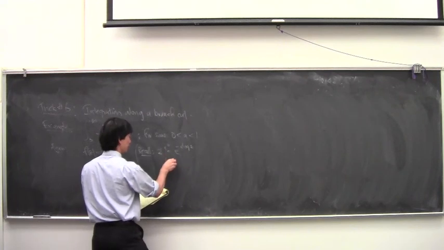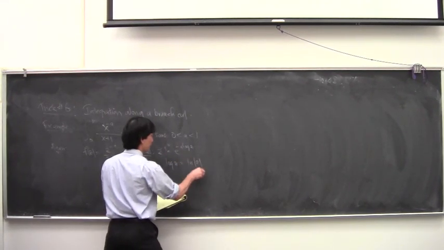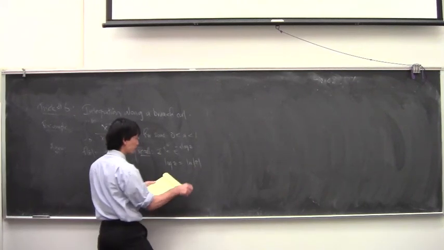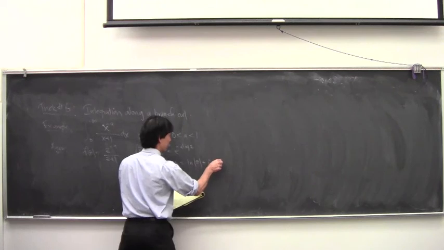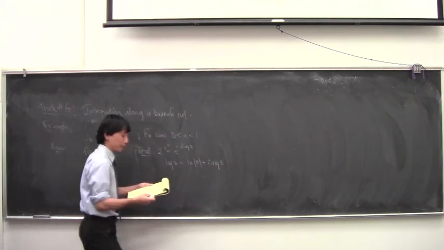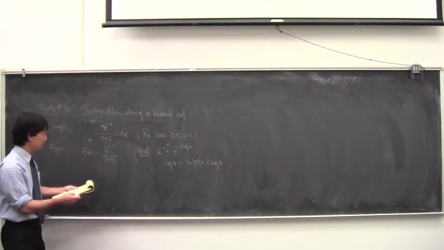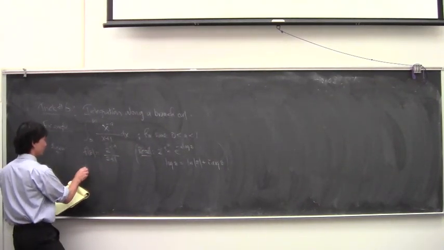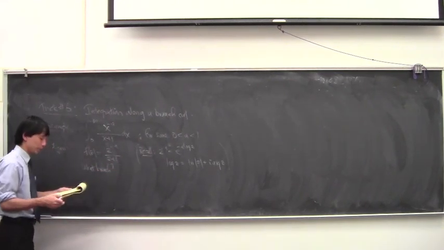Now log z is multiple valued. It's going to give you log of the modulus of z plus i times the argument of z. But we have to fix the branch of the log, right? So what branch should we use?